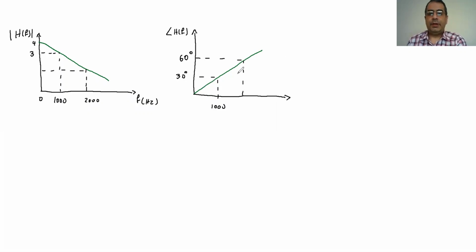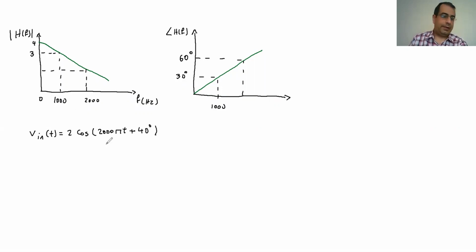So assume we have these two, and we have an input signal in the time domain that is 2 cosine(2000 pi t plus 40 degrees).